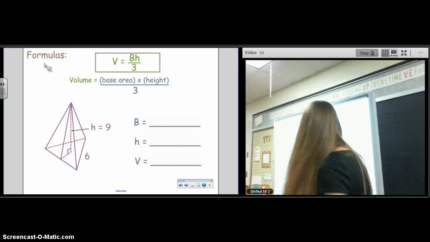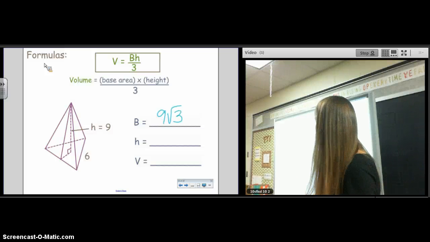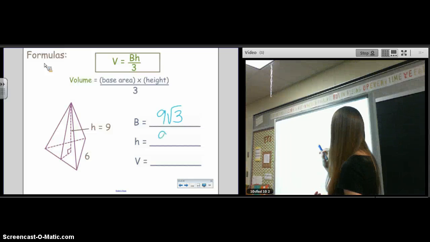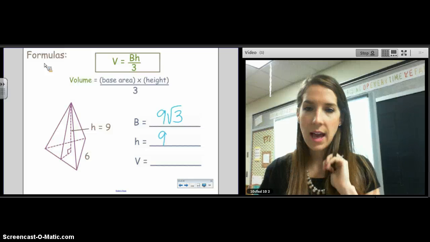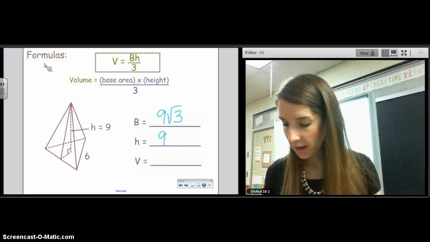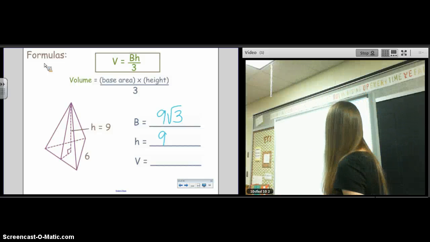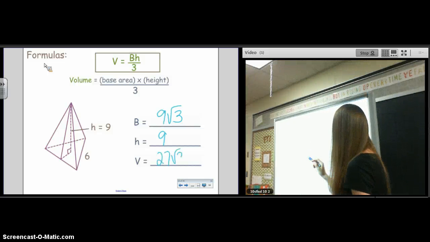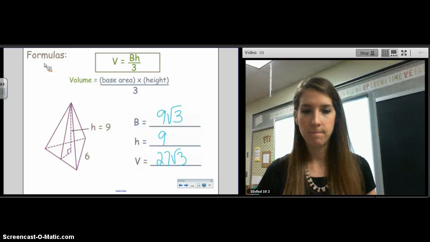Yay, Albert, very good. The height is handed to us on a silver platter. And so now to find the volume, we just do base times height divided by 3. 9 times 9 divided by 3. Base times height divided by 3.